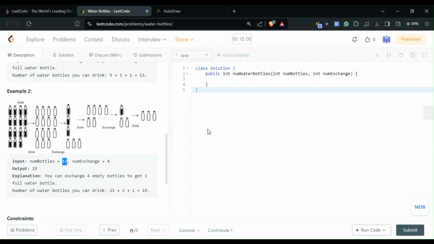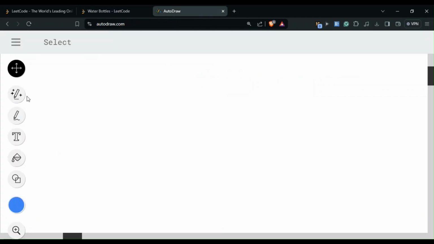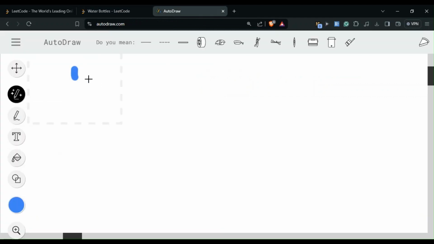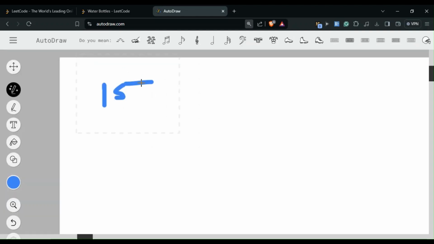So let's say we had 15 and the exchange was 4. Let me try to build some logic here. Firstly, we'll drink all the 15, and from the 15 I can exchange a few. So I think we should open the dashboard.